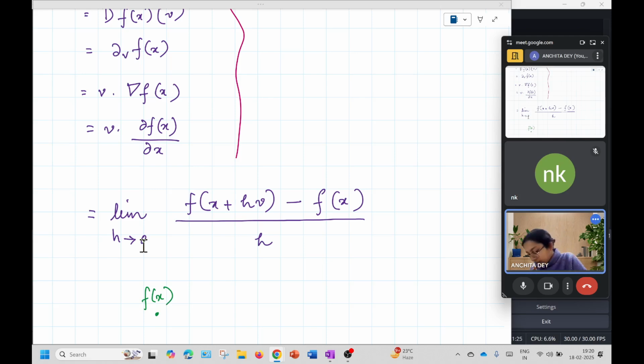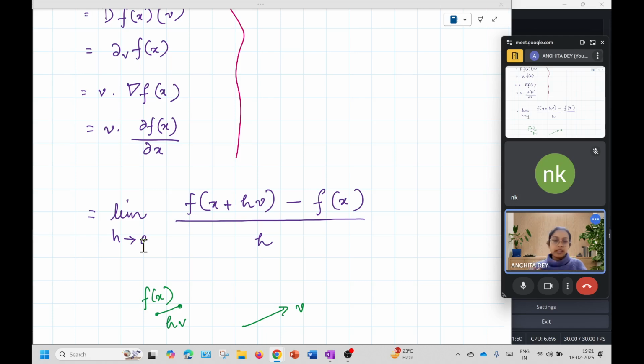Incrementally you increase it by h along the direction of v. So in this direction you will see the value of the function f by incrementing the argument, where here the argument is x. We increment x by a small quantity, which is h times v.